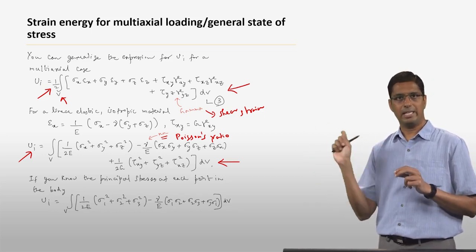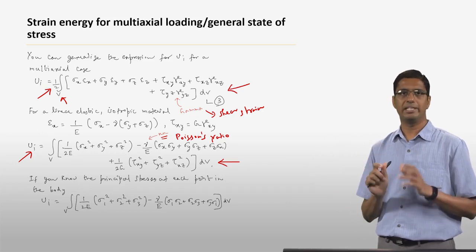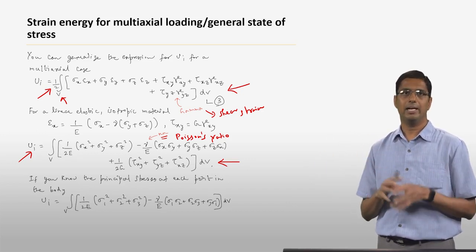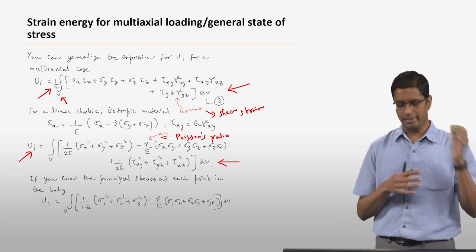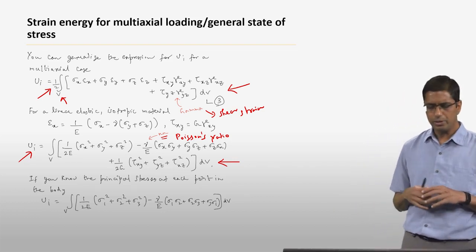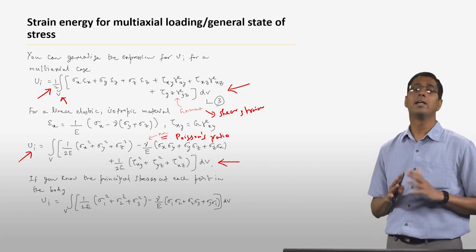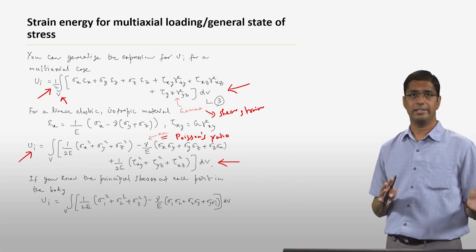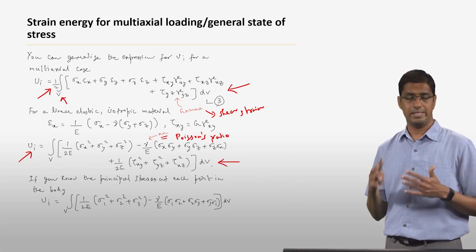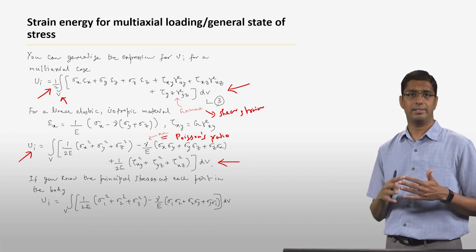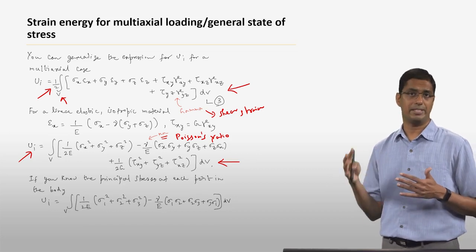Sigma y times epsilon y is the only term that contributes to the work done, and the work done is related to the internal energy. So we have now written Ui, the internal energy or the strain energy, in terms of both sigmas and epsilons, or just purely with sigmas and taus.